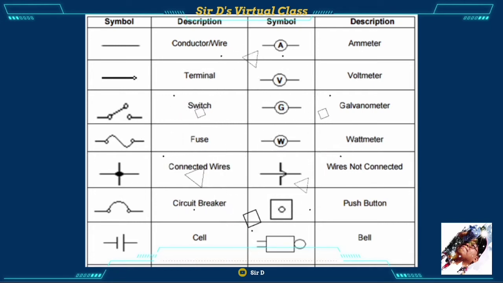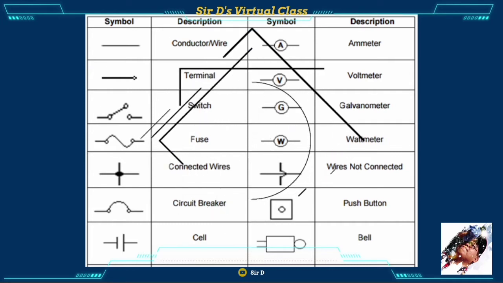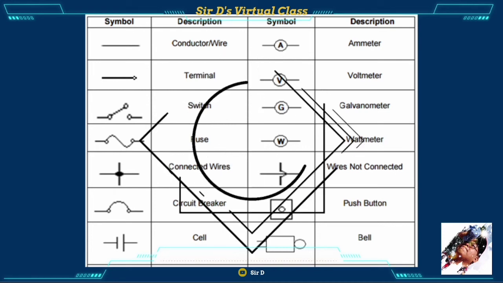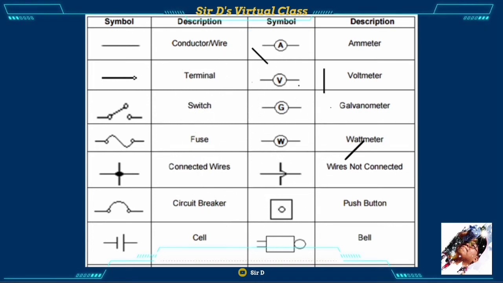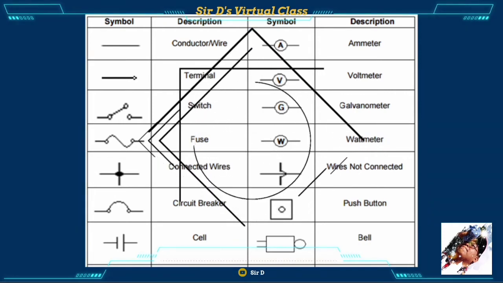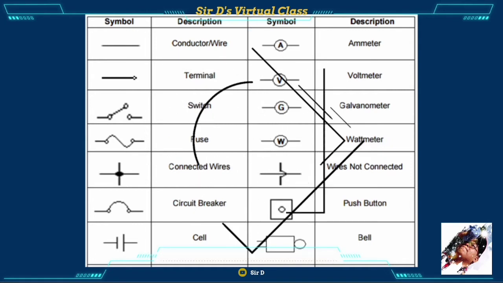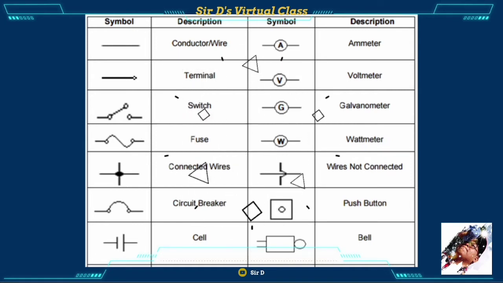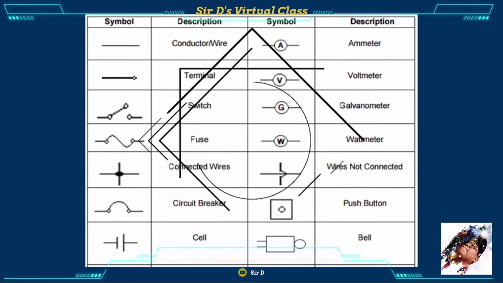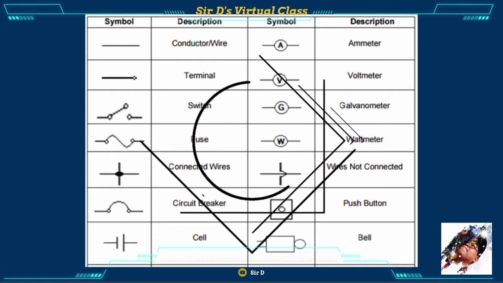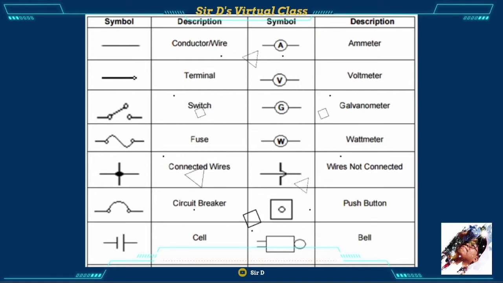On the next, you have your ammeter, having the letter A to indicate it, voltmeter, letter V, galvanometer, letter G, the wattmeter with letter W, wires not connected, the push button, and then the bell. Again, all of these have their own corresponding pictogram or drawing.